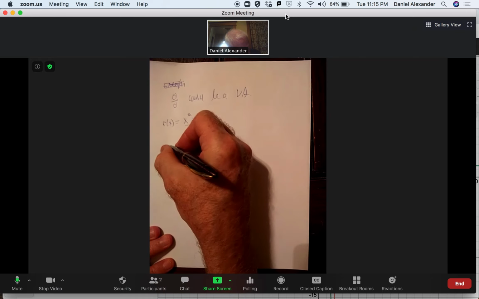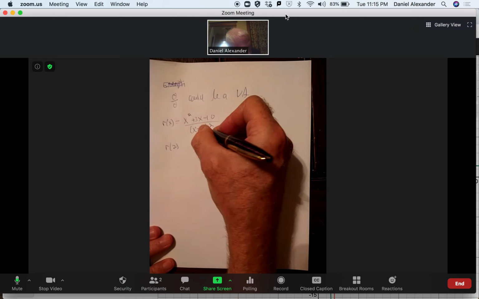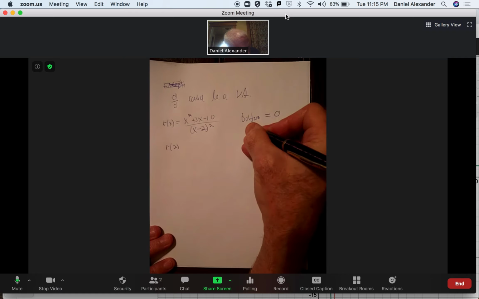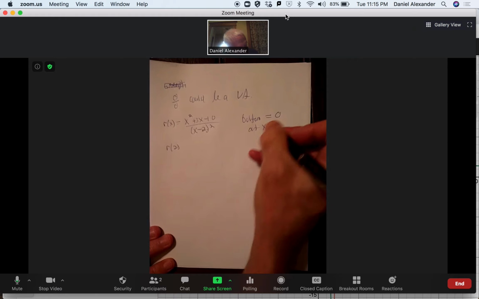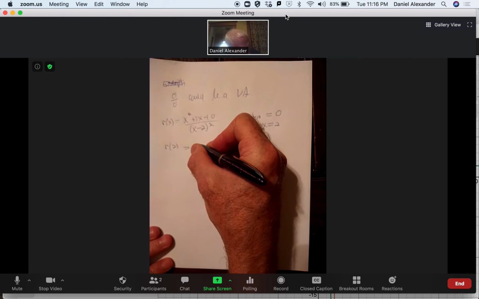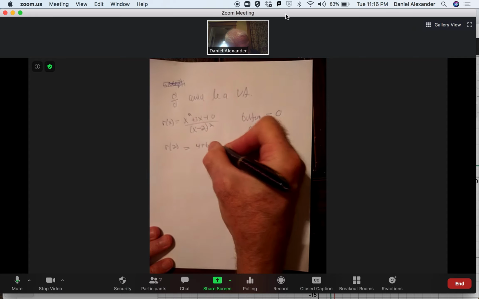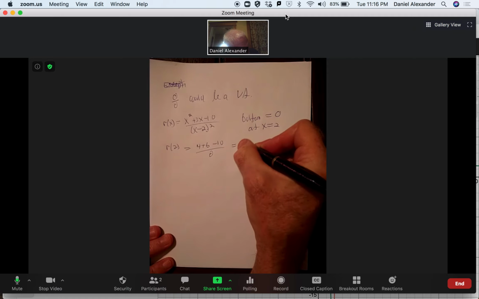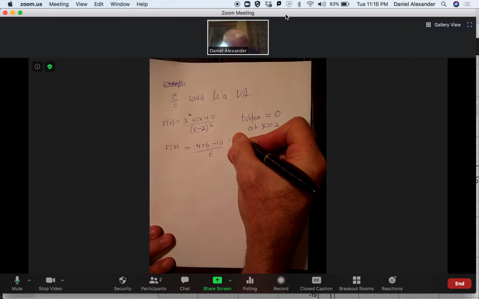I plugged in 2. I see that the bottom is 0 at x equal 2. So I plug in my 2, and what I get on the top, I'm still going to get 10. 4 plus 6 minus 10 over 0. So I still get 0 over 0, and it really doesn't exist at x equal 2.